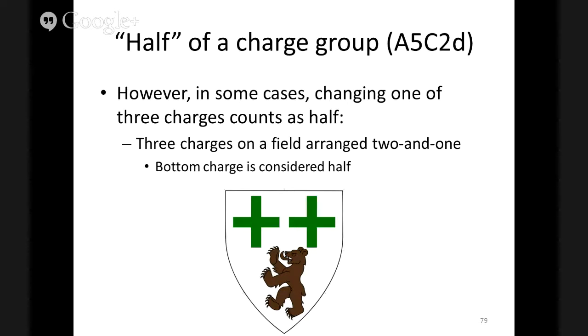Argent. It's the placement that gets me. Well, what's the arrangement of the charge? So let's break this down. What's the primary charge group? The bear. No, it's the bear and the crosses, all 3 of them. They're pretty similar weight. So there's actually no placement issue. This is 2 and 1, standard arrangement.